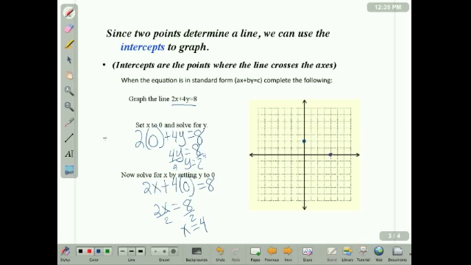I've now got 2 points. I can accurately graph that line. Make sure that when you graph these, you put arrow ends on both ends to indicate that it's a line.